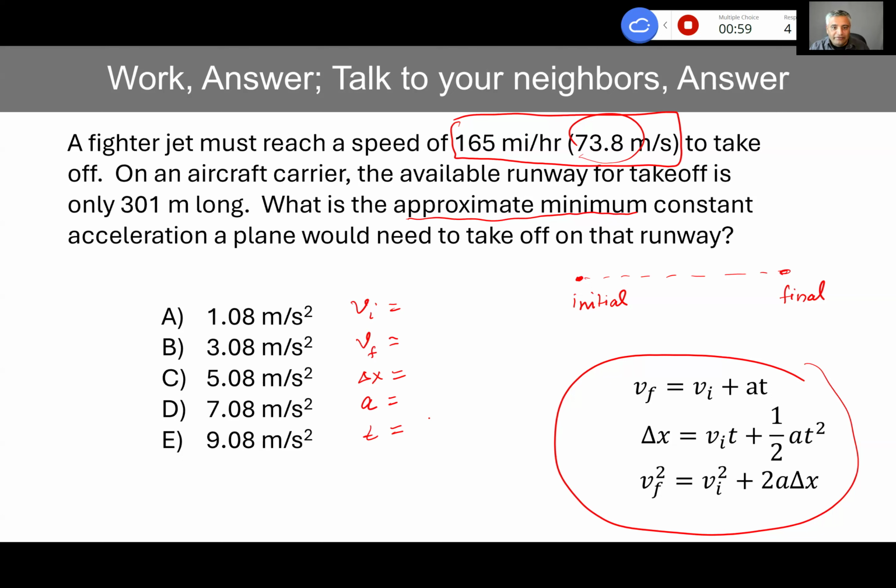We have only 5 things. Among the 5 things, what are the things you know? List them, okay? If you know 3 of them, maybe you can solve for the 4th one, because these equations have only 4 in each of them.